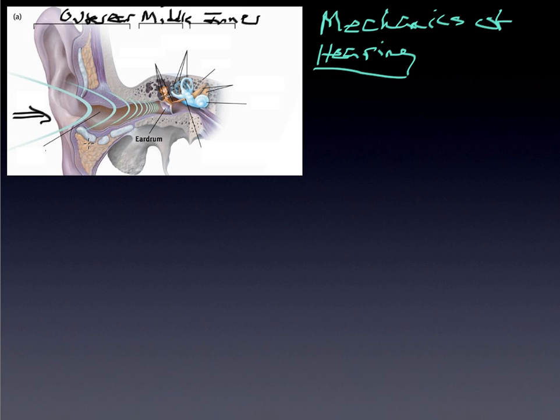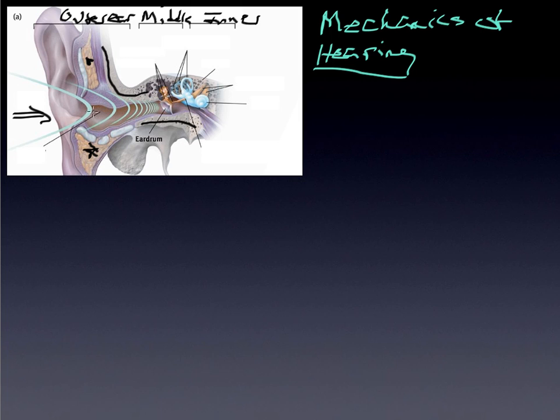All of this area here, this area and this area are cartilage, and this area, the gray area here, is all bone. Okay? So you have the eardrum, which essentially operates just as the name would suggest, as a drum.